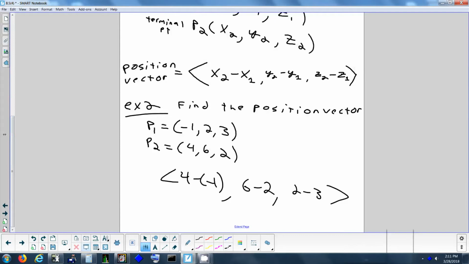And we need to write that up. 5, 4, -1. That's the position vector. So what that really means is its directions. If you start at the origin, go 5 units along the positive x, go 4 units along the positive y, go 1 unit on the negative z-axis, and you will get to the terminal point.